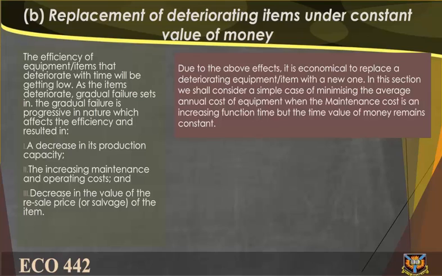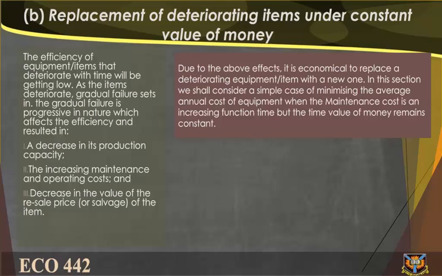The gradual failure is progressive in nature, which affects the efficiency and results in: 1. A decrease in its production capacity, 2. The increasing maintenance and operating cost, and 3. Decrease in the value of the resale price or salvage of the item.